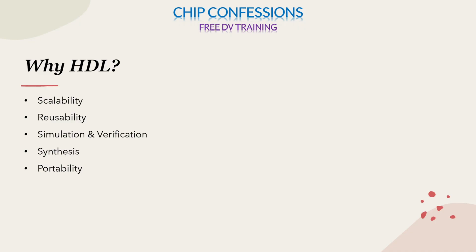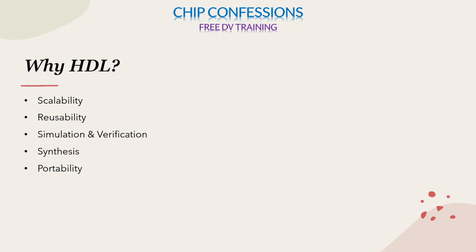Means we are simulating the design, we are synthesizing the design, we are verifying the design, and later on we are going towards the fabrication, and directly we are not heading towards it. So HDL plays a very important role because it lets us do the simulation and verification before we get a tangible form, like the hardware or the chip we can touch with our hand. Before getting the physical chip, simulation and verification are possible because of these HDLs.